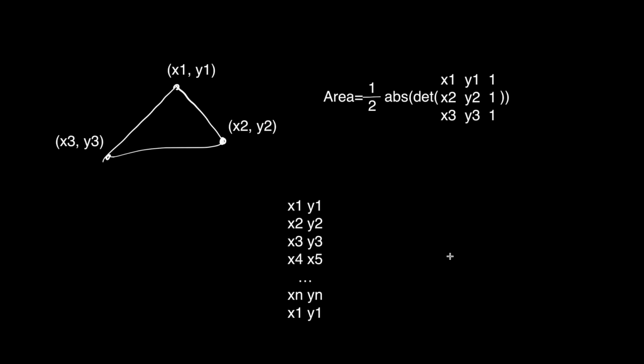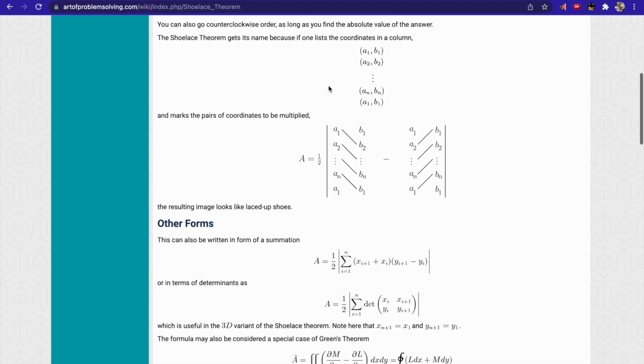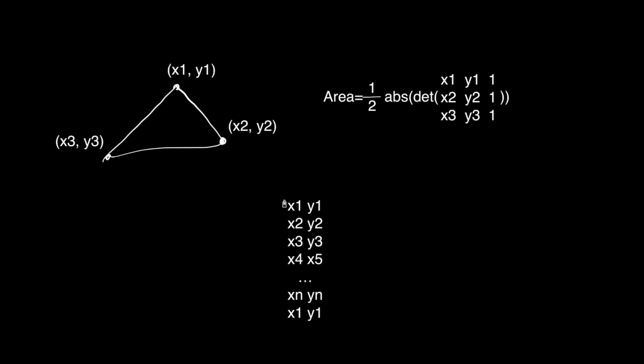So the way we are going to find the areas of polygons is by using something called the shoelace theorem, and this is an article explaining it, and basically the shoelace theorem says that the area of a shape, if these were the coordinates, you can get the area by finding this times this, plus this times this, plus this times this, and by basically adding all of the diagonal products, once you lay out all of the coordinates in order, and also you have to add x1, y1 at the very end.